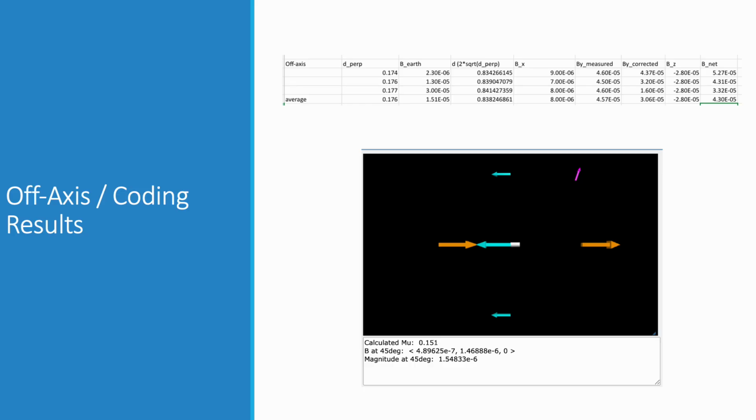Here you can see that the orange arrows represent the on-axis field pointing away from the magnet, while the blue arrows represent the perpendicular field pointing in the opposite direction. I also modeled a 45-degree off-axis point, which was the little purple arrow here in the corner, to compare against the actual data, but everything's quite wonky because some of my data obviously came out to be a little bit incorrect.